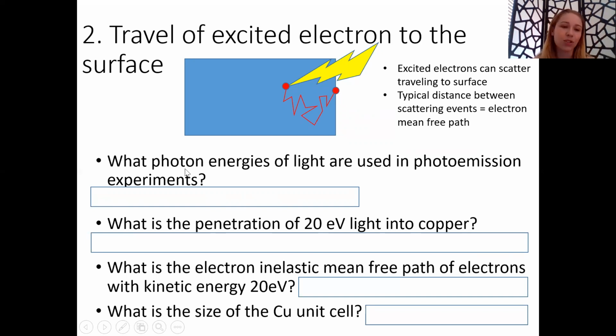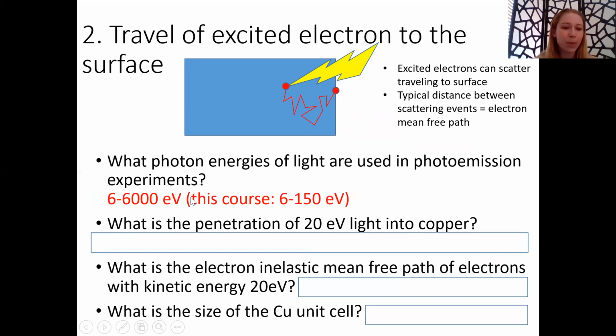what the answers are. All right, so photon energies typically used in photoemission experiments are something like 6 to 6,000 eV. In this lecture, I'm primarily considering the lower end of this range, 6 to 150 electron volts, and that is primarily where my group works as well. Let's take some number in this range, like 20 eV.